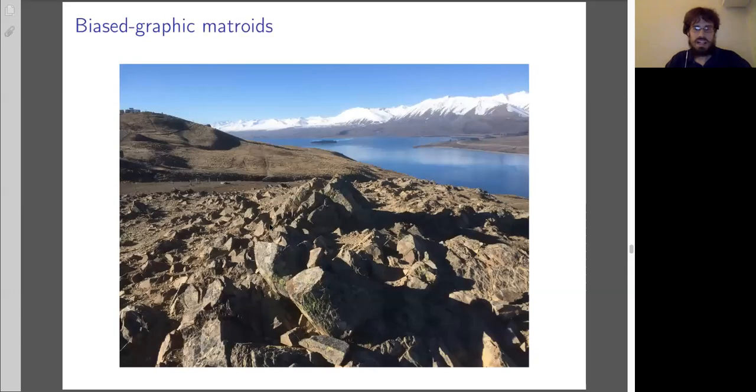Okay, so I wanted to take a little bit of time just at the end to go back to the other approach from Zaslavsky to these biased graphic matroids.